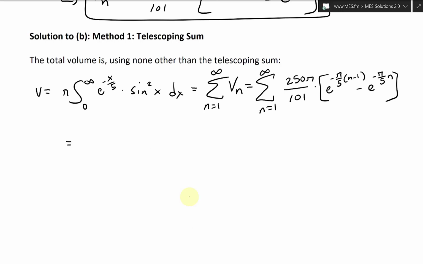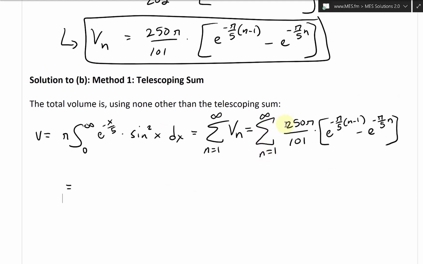Alright, so let's write this out again as the telescoping sum. Take the 250 out: 250 pi over 101, times the limit as n approaches infinity of the nth partial sum, which is, we'll just plug in inside.